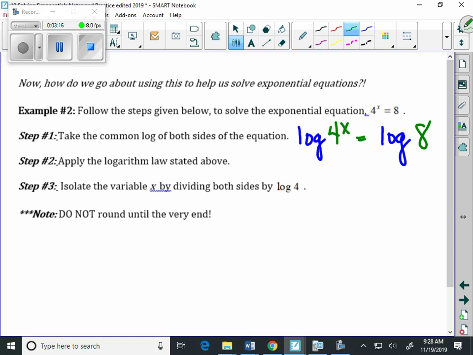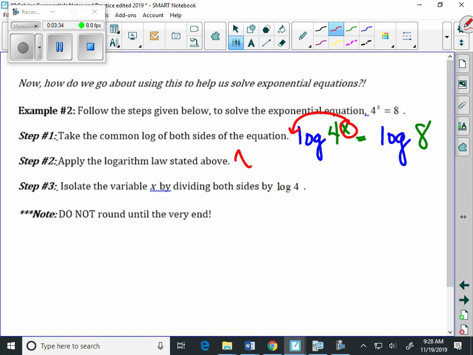What we want to figure out is what the exponent equals. We can't figure it out when the variable is an exponent, so we can use our logarithm law, which says we can take this exponent and write it out front.